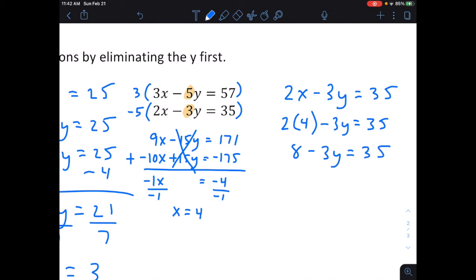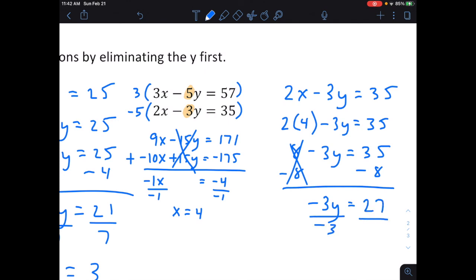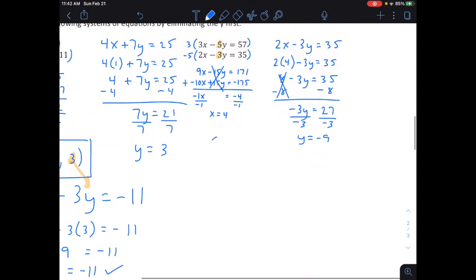This is one where people tend to forget something, but I'm just going to subtract the 8. When I subtract the 8, it goes away. And this is what people forget: they forget to bring down the minus sign with that 3y. Don't forget it. 35 minus 8 is 27. And then we divide by -3. So y is -9. All right, so I think it's (4, -9).